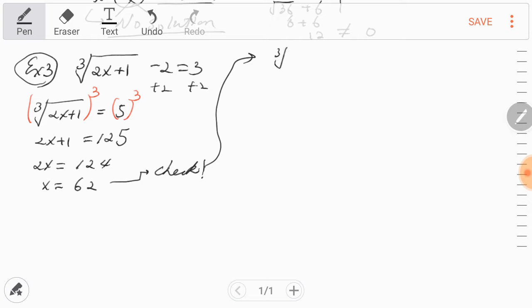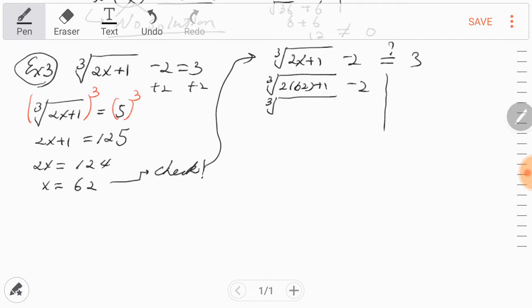So write cube root of 2x plus 1, minus 2. Is it equal to 3? Let's check it out. So cube root of 2 times 62, plus 1, minus 2. Then cube root of 2 times 62 is 124, plus 1 is 125. And cube root of 125 is 5, since 5 cubed is 125.